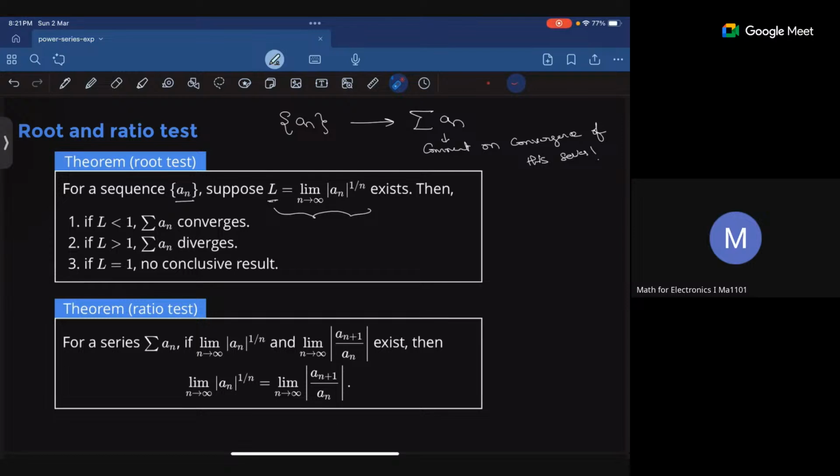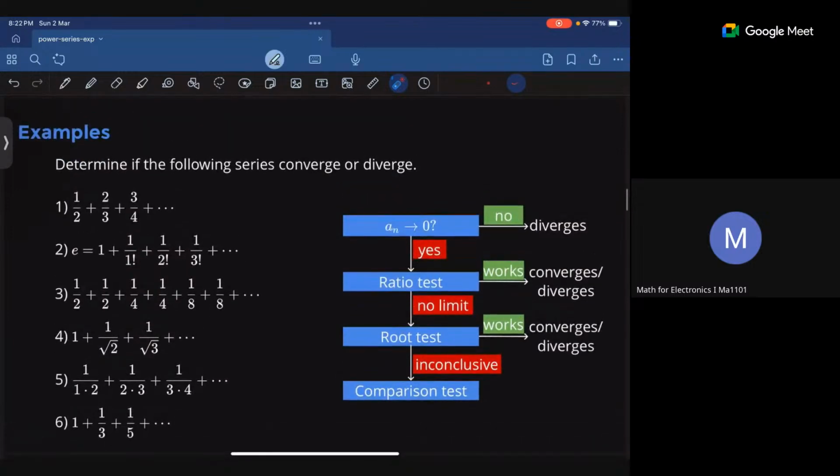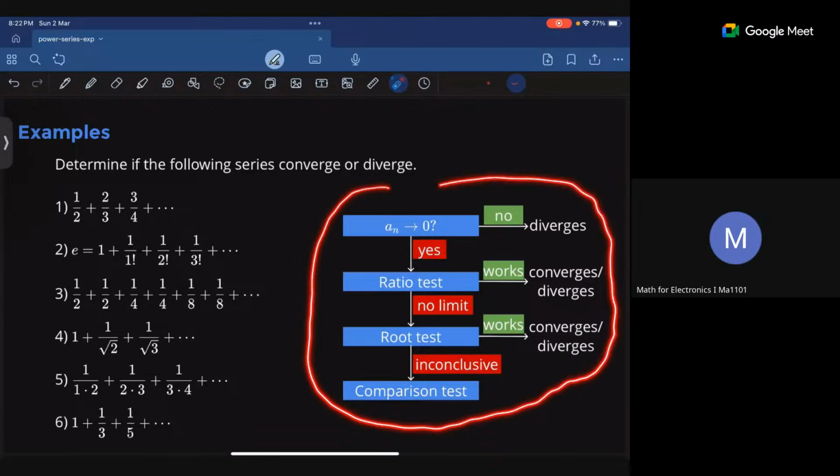So that is why we have to fix an order, or you should follow a flow chart, a series of steps to conclude whether a given series is divergent or convergent. You can follow this particular flow chart.